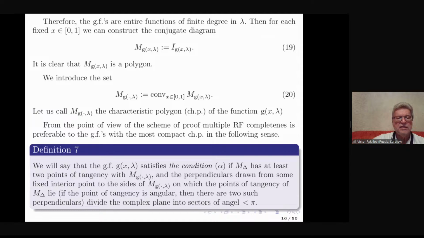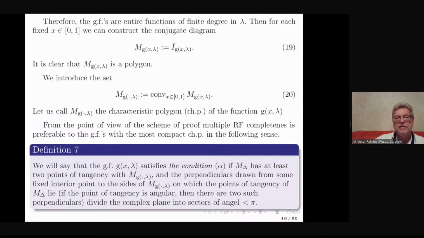We will say that the generating function j of x lambda satisfies the condition alpha if M delta has at least 2 points of tangency with M g, and the perpendiculars are drawn from some fixed interior point to the sides of M g on which the points of tangency of M delta lie. If the point of tangency is angular, then there are 2 such perpendiculars.